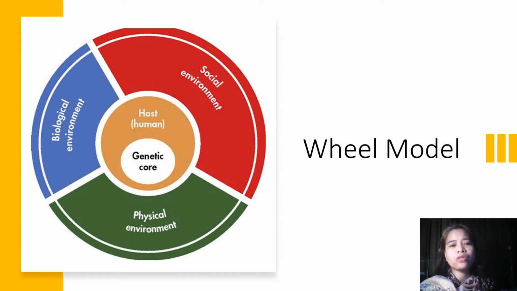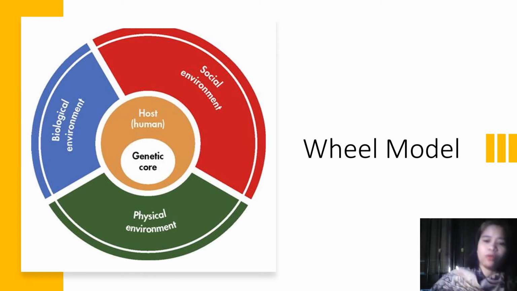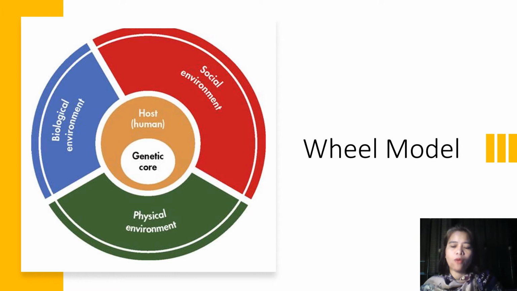In contrast to the previous model, or the triad model, the wheel model distinguishes the host from the environment, thus more useful for epidemiological analysis. So you have your human host, and your biological, social, and physical environment that affects the human host and influences the possibility of acquiring the disease.